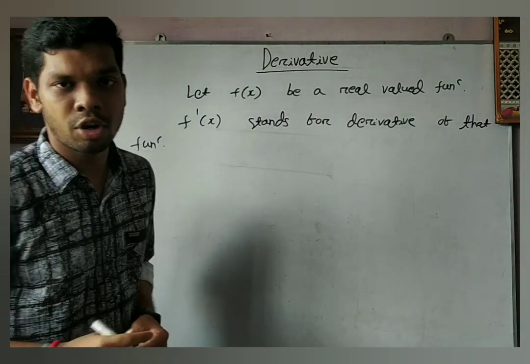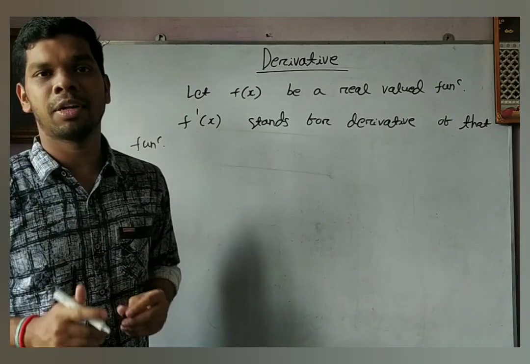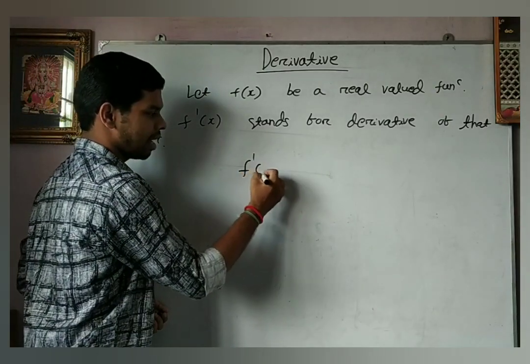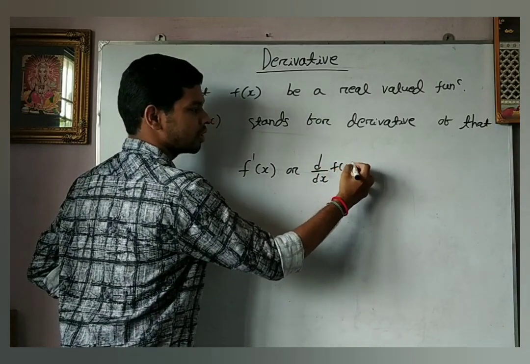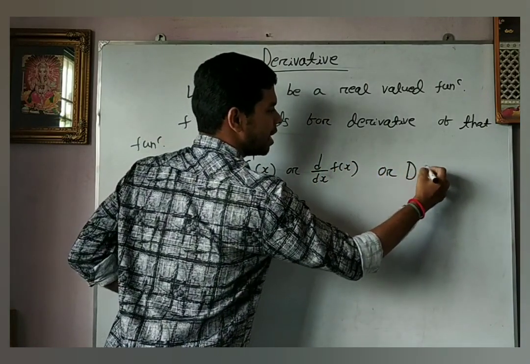You can write f dash x, or d by dx of f of x, or capital D of f of x.